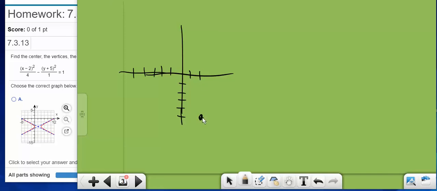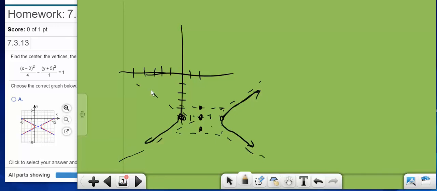From there, in the x direction, you go +2, -2. In the y direction, you go +1, -1. We make our fundamental rectangle to get our asymptotes that we just gave the equation to. It's x squared minus y squared, so it opens sideways. Again, this is a super rough sketch.